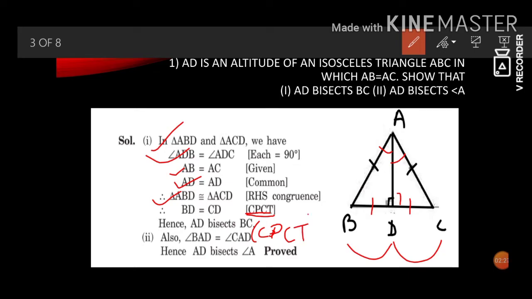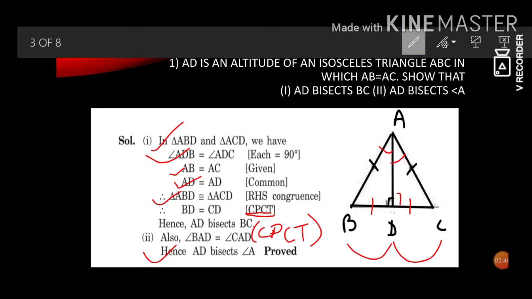Since they are equal, AD also bisects angle BAC, that is, angle A. So from one congruency proof, we can prove 2 things: that AD bisects BC as well as AD bisects angle A.